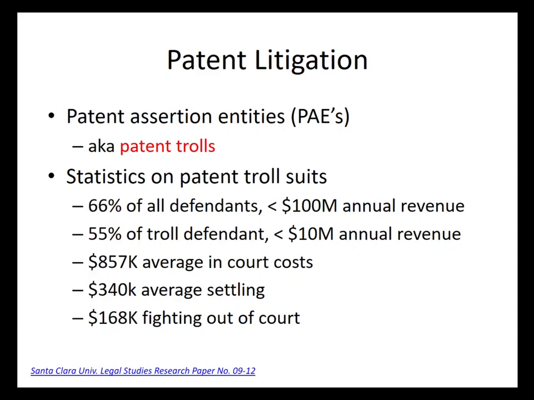And because it costs so much to defend yourself in court, you can see there 857,000 average in court or 340,000 average settling. These small companies just pay what the patent troll asks them to pay. It's kind of like extortion almost. But because they can make the lawsuit easier than the small business, a lot of times it works.